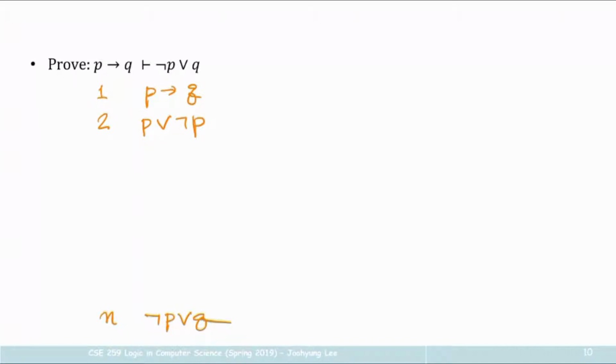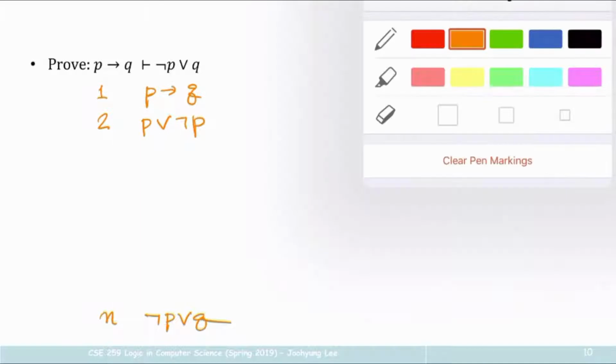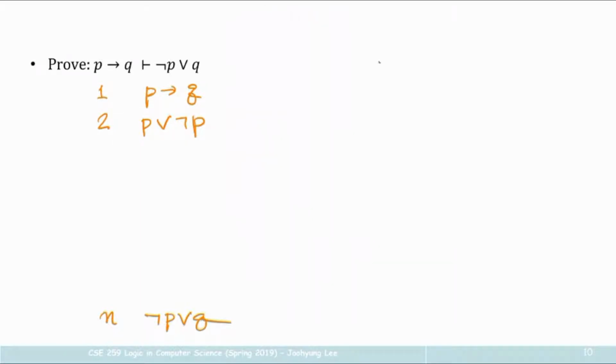Okay, so let me write this informally. I know P implies Q is true. And if P is true, then I can use this to derive Q. And if I know Q is true, then I can derive not P or Q. Okay, so this is my first case.